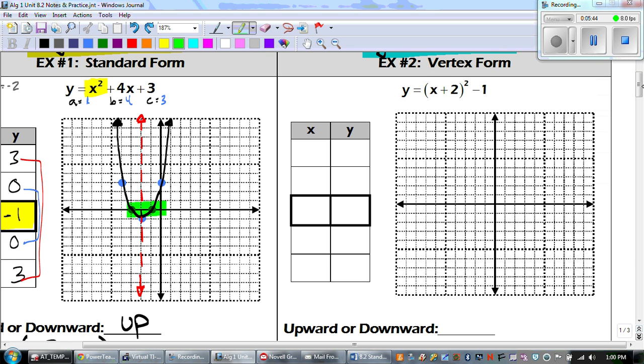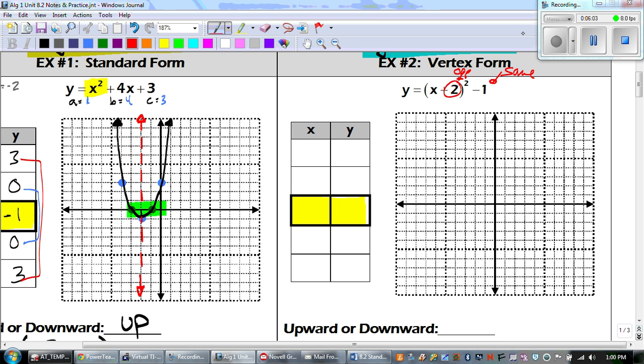Now we're talking about vertex form. Once again, the first thing that I want to do is find my vertex. When I'm doing my vertex, I want the opposite of the value with x, and the other value stays the same.